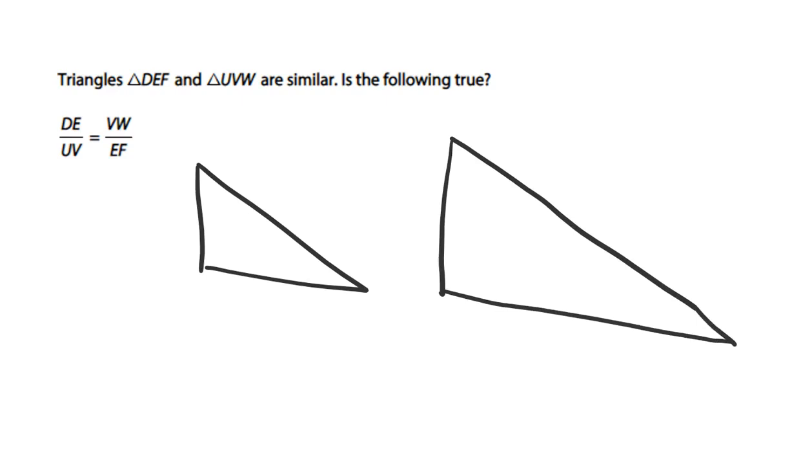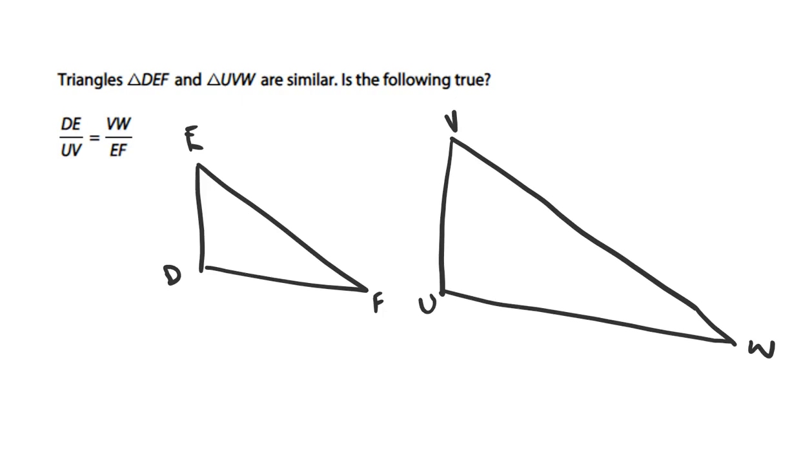So if this is DEF and this is UVW, the shapes are the same, but the sizes are different. You can see that clearly the one on the right is bigger, okay?